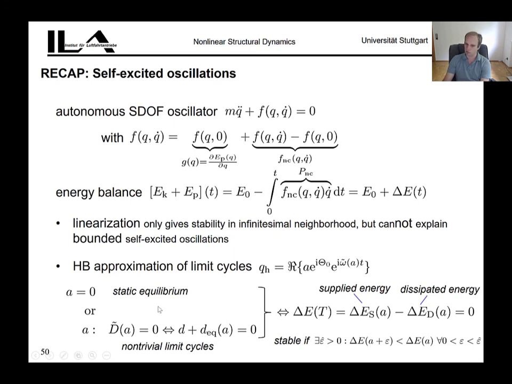Non-trivial limit cycles are governed by saying that the overall damping ratio, the sum of linear and nonlinear equivalent damping, has to vanish. And then we can also assess the stability based on analyzing this energy expression, basically the energy change over one cycle of oscillation, and how it depends on amplitude we can then discuss.